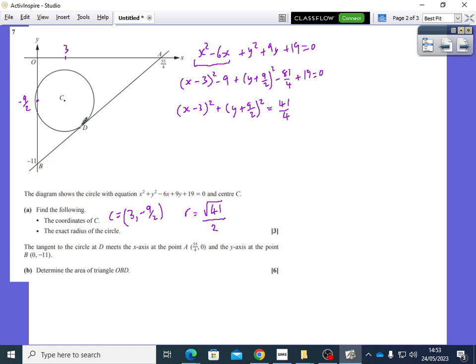Okay, so before I start this, I know that here's the point D, and I know the center.